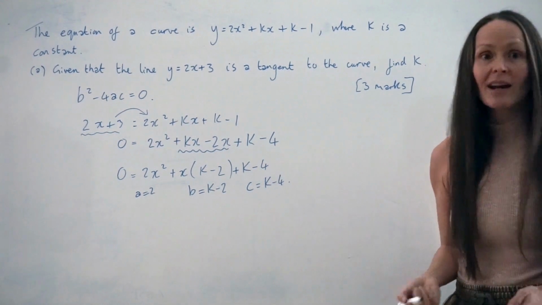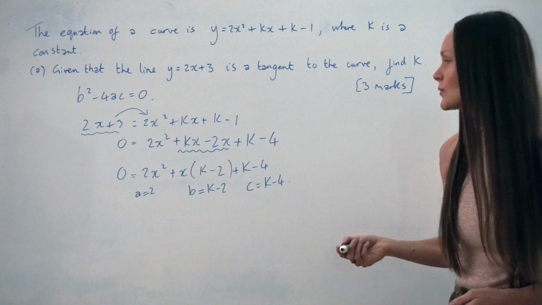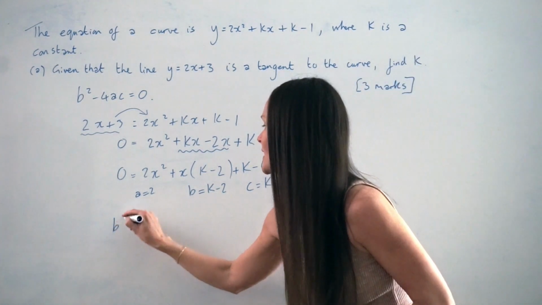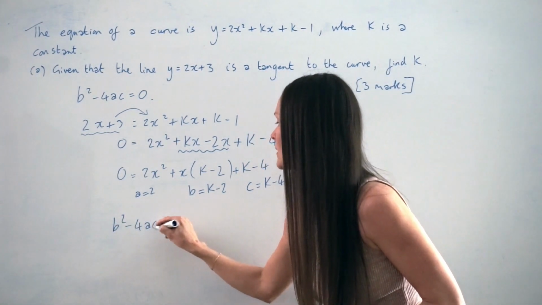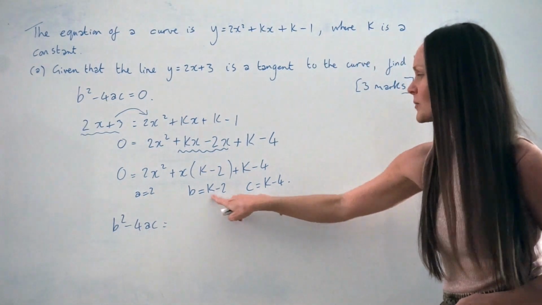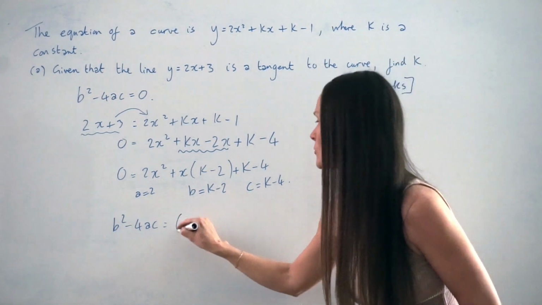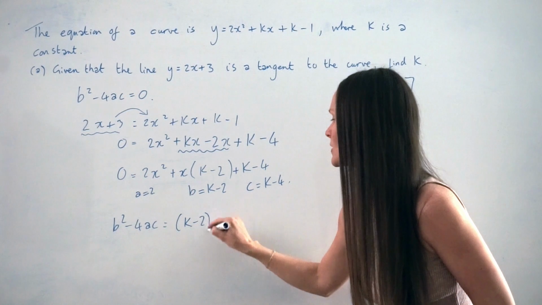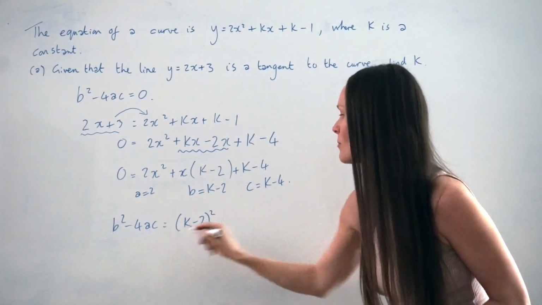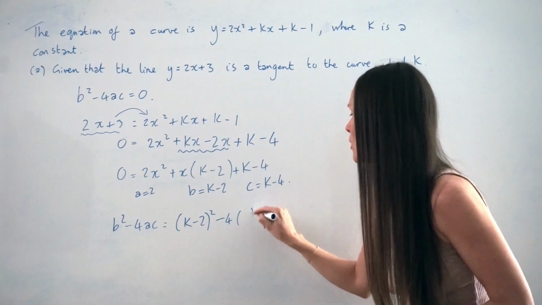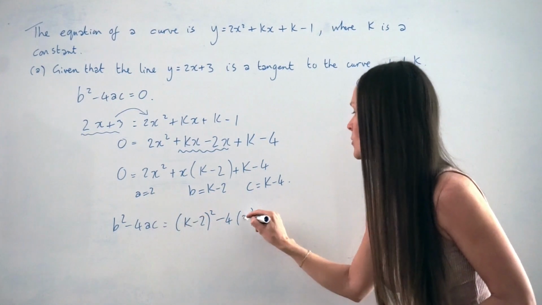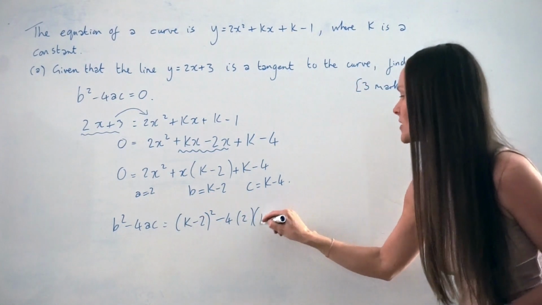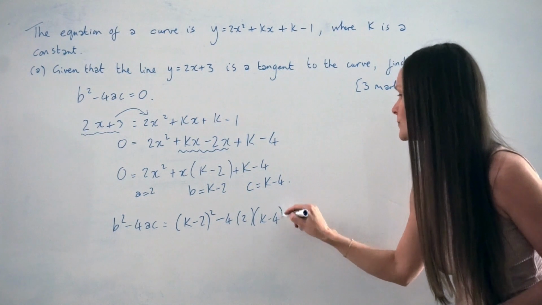Okay, so next we can work out the discriminant, b squared minus 4ac. So instead of squaring b, I need to square this because this is b. So k minus 2 all squared is the same as b squared. Then I'm going to write down minus 4, and I have to multiply by a, which is 2, and multiply by c, which is k minus 4.